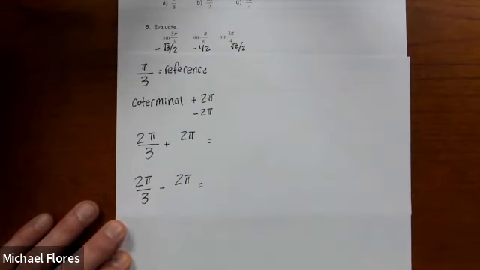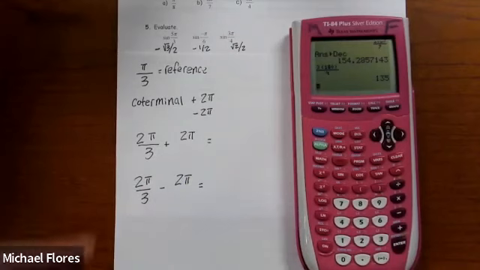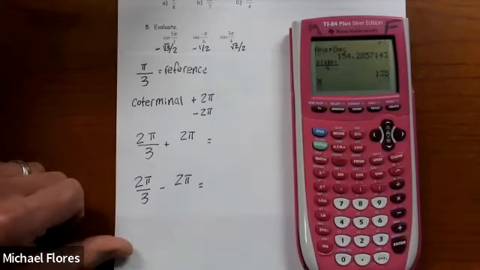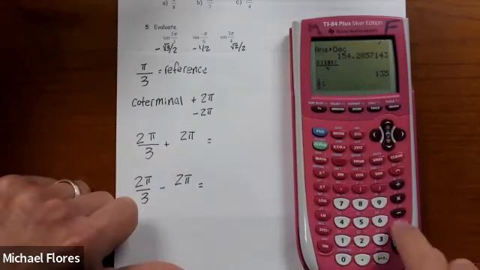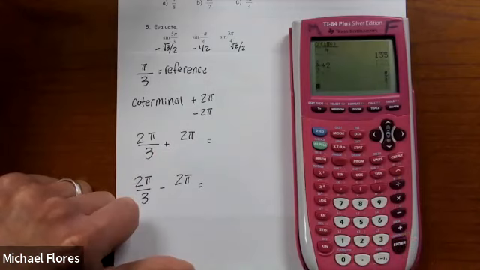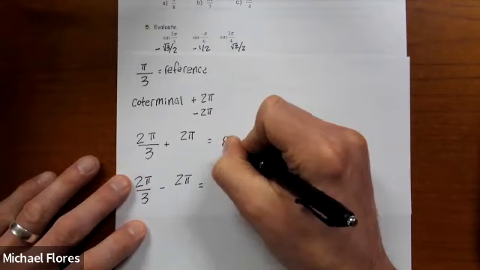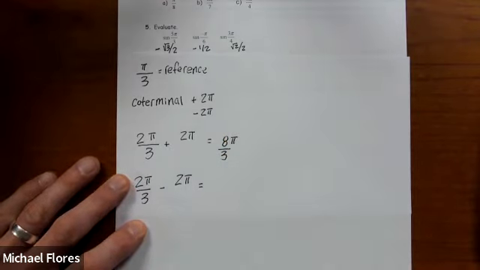This is where having your calculator comes in handy. Don't worry about the pi's for right now. Just do alpha y equals, enter 2 over 3 plus 2. That gives us 8 over 3. And give your numerator the pi symbol.